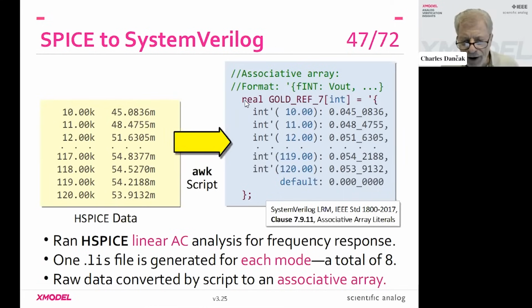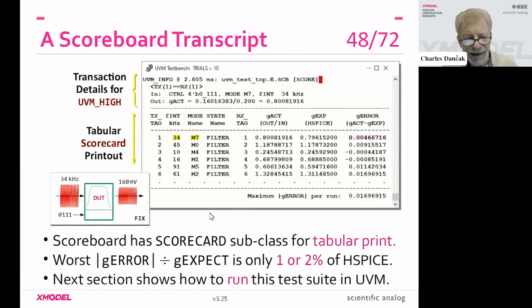So the array has real elements like 54 millivolts for each frequency index, like 119 kilohertz. And again, this is an array literal, not a concatenation. So that's how we generated the tables.